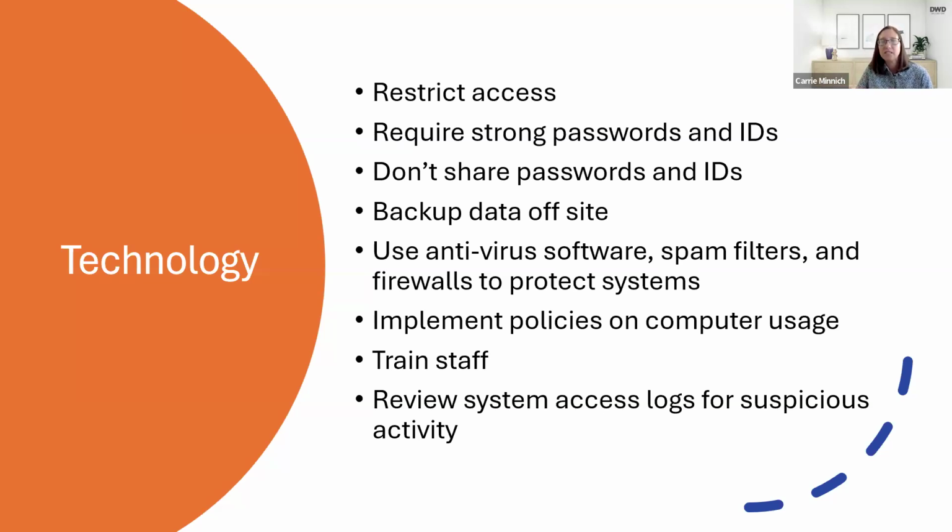So you have a lot of sensitive information that we need to make sure the wrong person doesn't get a hold of. So we really need to restrict our access, not only physically, putting locks on the doors, but also through technology, who can access different software.